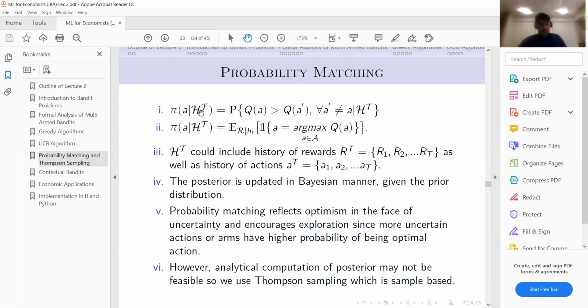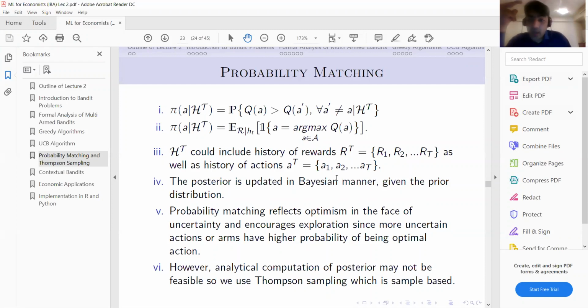Just to clarify, this curly H refers to the history of information that you have so far over time. This capital T is the time horizon that you have been exploring so far. So if you've played with the bandit for 10 periods so far, T will be 10. Remember, there are two things that you're observing here.